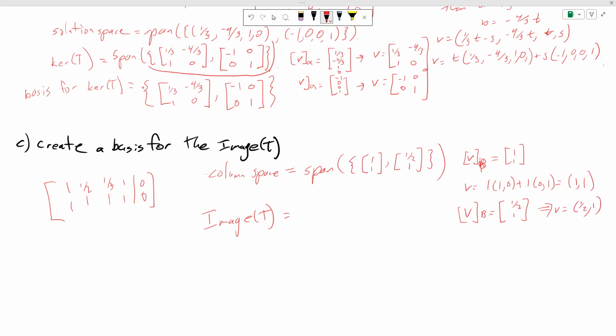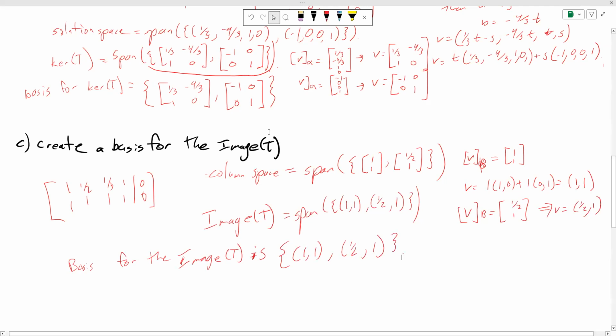So we get the image equals the span of the set of vectors (1, 1) and (1/2, 1). And our basis for the image of T is the set {(1, 1), (1/2, 1)}.